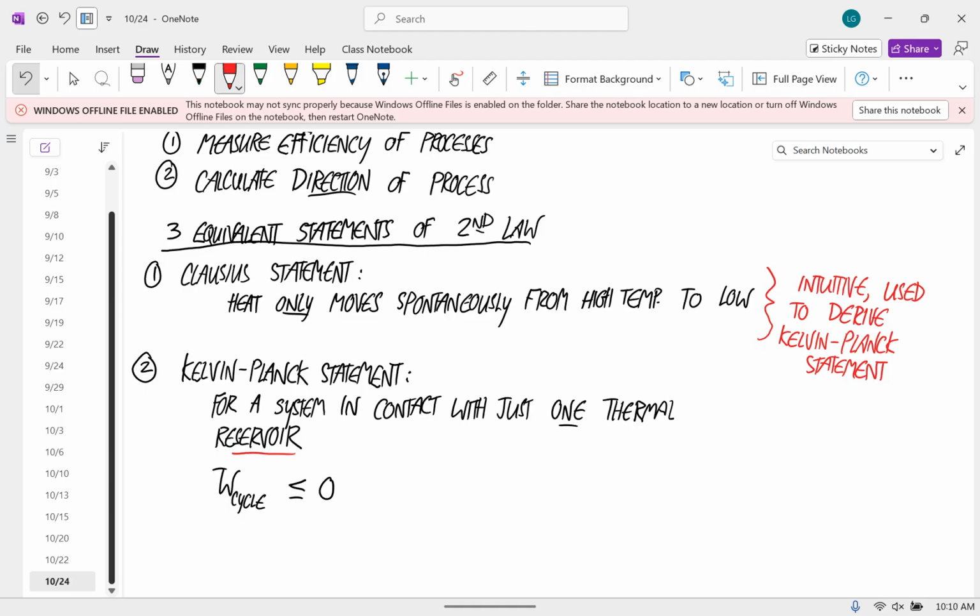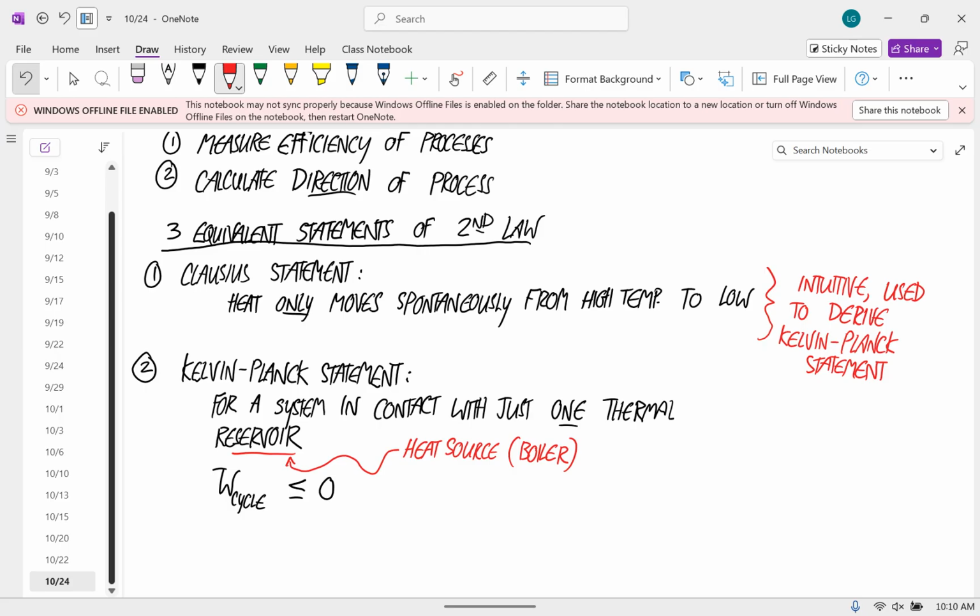So for the reservoir, think of this as a heat source, or what we'll call a boiler in power cycles and power plants. Okay, so what this is saying is, think of an old fast motion black and white movie where somebody's shoveling coal into a train engine.